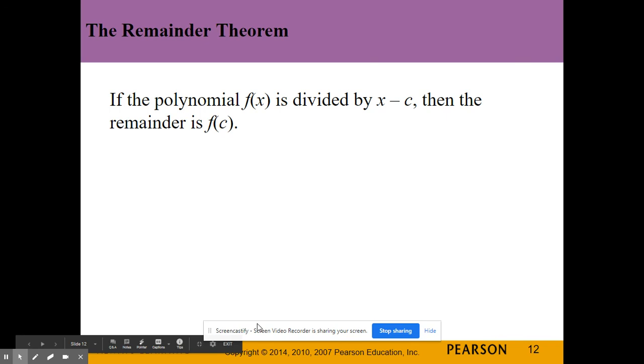So remainder theorem. If the polynomial f of x is divided by x minus c, then the remainder is f of c. So the way that we can use that then is it's basically the reverse. If we're being asked to evaluate, what we can do is divide it, whatever the remainder is at the end, ends up being what it would have been if you evaluate it.